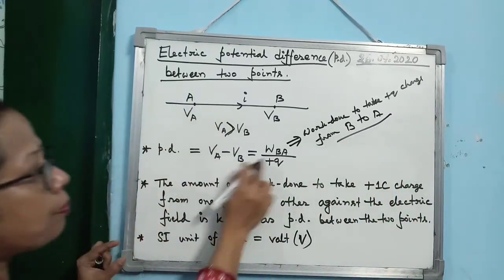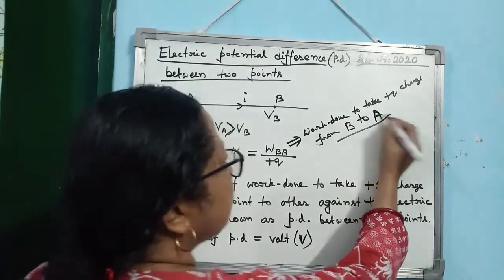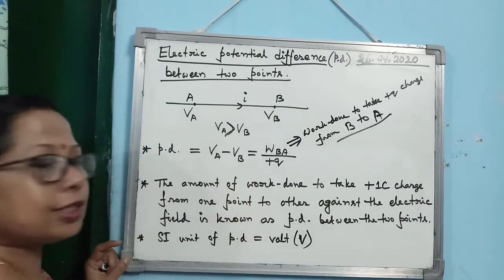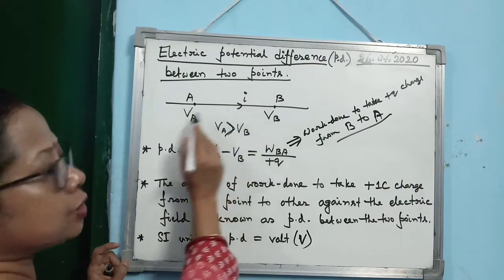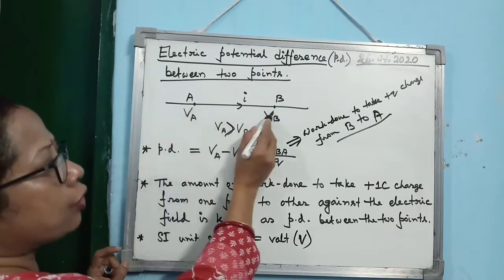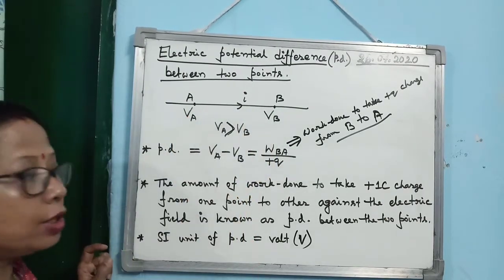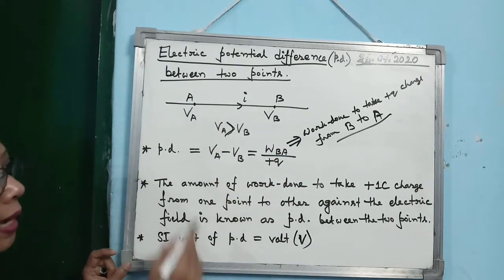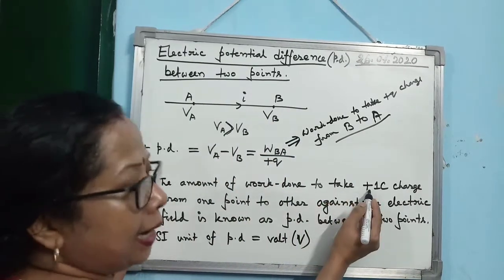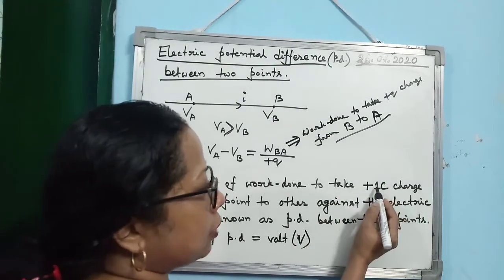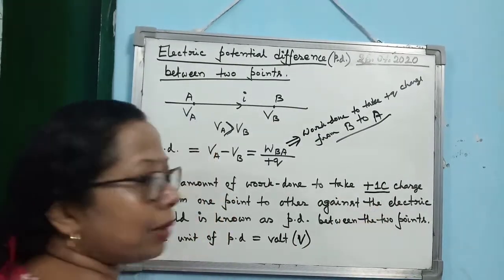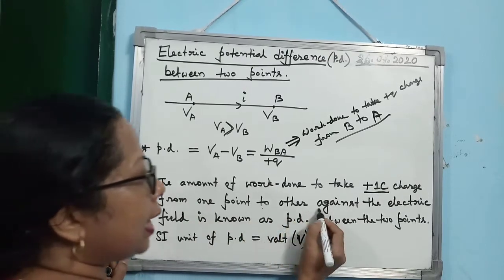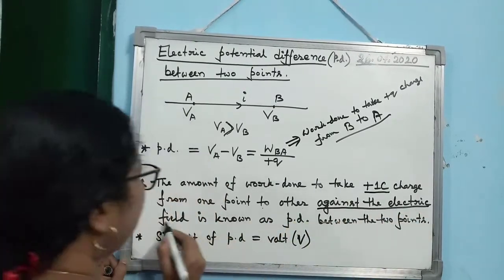This is the point you have to understand and remember: when it is the potential difference between A and B, in which direction must you take the charge? From B to A. You cannot take the charge from A to B. So what is the definition of electric potential difference? The amount of work done to take, instead of unit positive charge, you can use the short form plus 1 coulomb charge from one point to the other against the electric field.